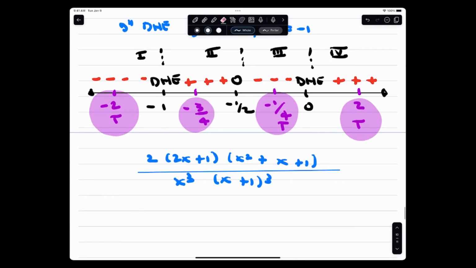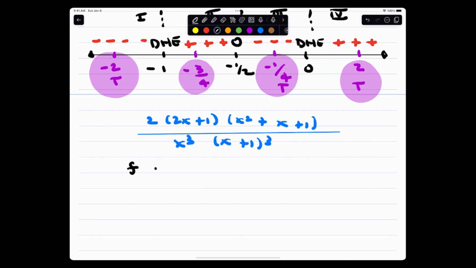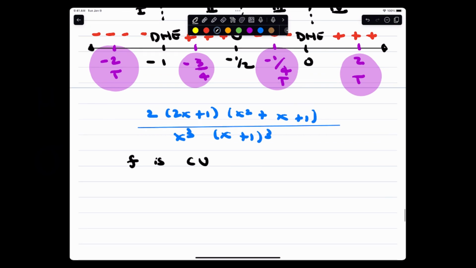But I think, again, the idea for me is that when students do sign analysis, there's always these details of what the answer means. In other words, students need to answer this question, right? So you say, your function is what? Concave up. Where is it concave up?